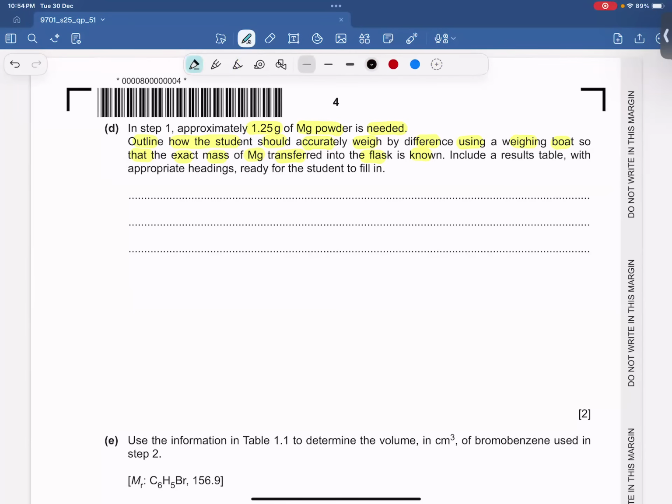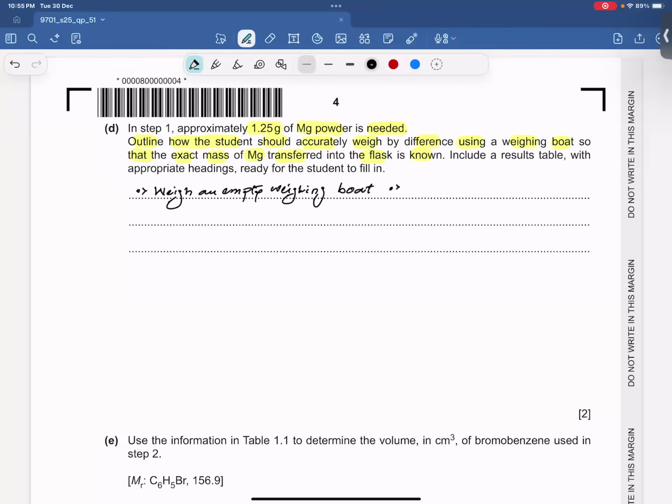So first of all, weigh an empty weighing boat.